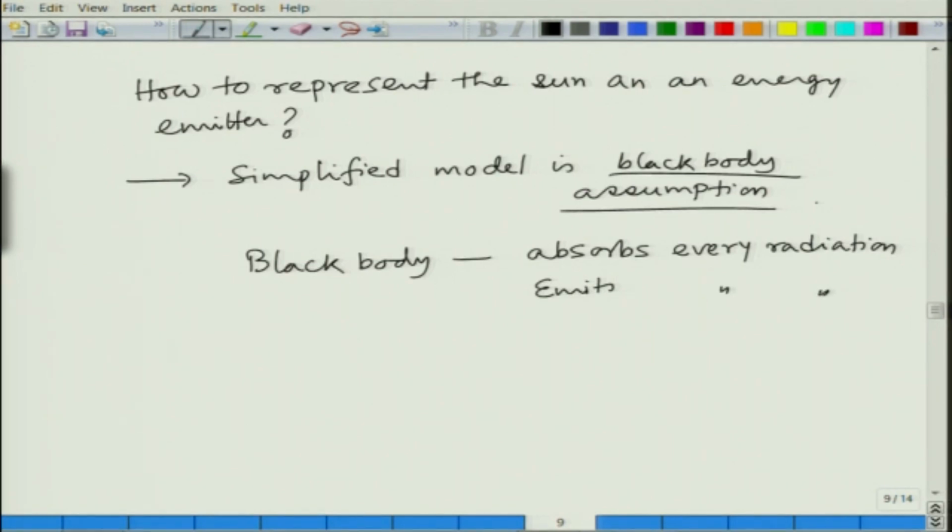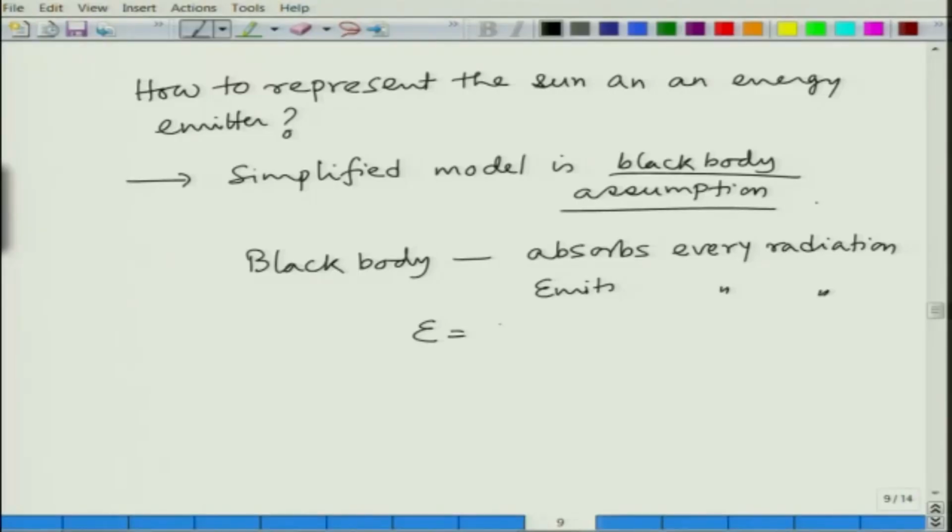That is what a black body means. So, basically if you talk in terms of radiative heat transfer, the emissivity or absorptivity, both of them are equal to 1, okay. And the reflectivity or transmissivity, all of them are 0. That is what a black body means.